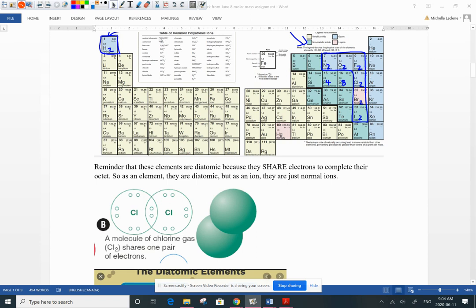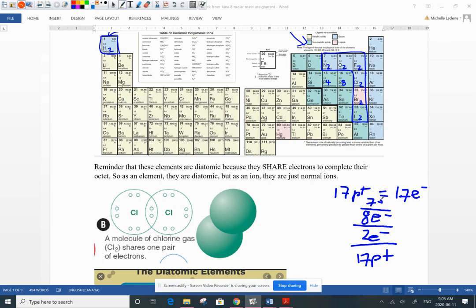If we look at chlorine, it has 17 protons in its nucleus, and that means it has to have 17 electrons. Remember back to when we did an atom: the first energy level has 2 electrons, then 8 electrons, and then the outermost, the valence, has 7 electrons.